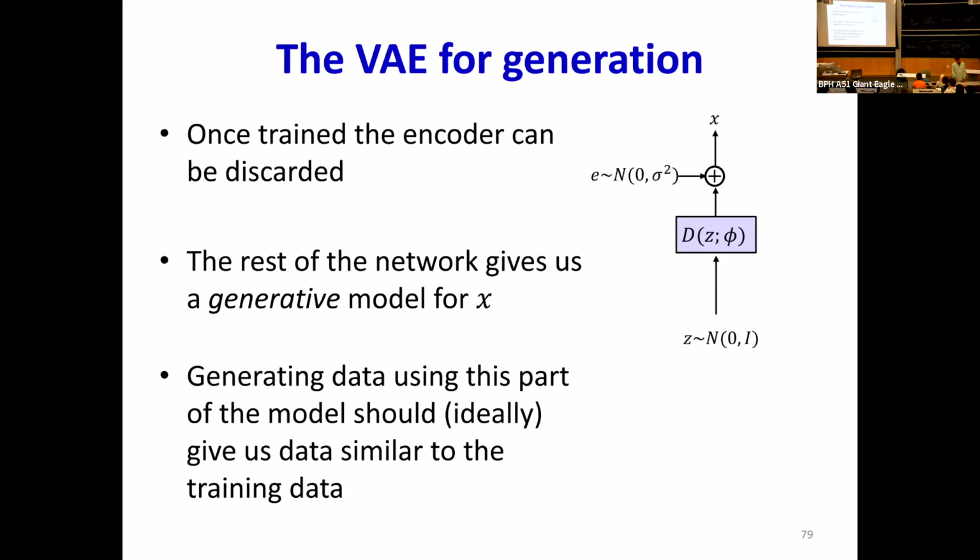We wanted to put this constraint on z because if you didn't, then you'd have no control over what values z would take. And then we learned this model such that this one would transform this standard Gaussian in the z space, twist it and turn the space so that it actually became a distribution on the target manifold in the output space.